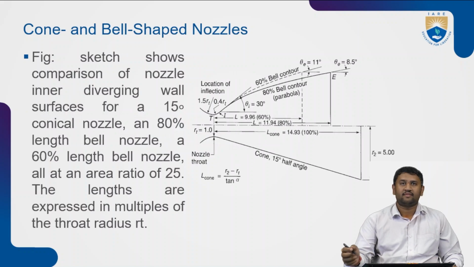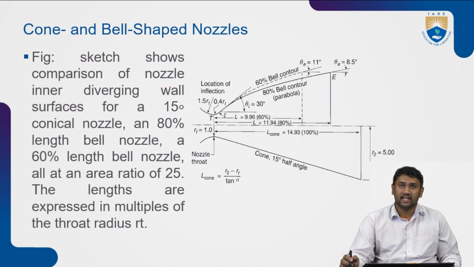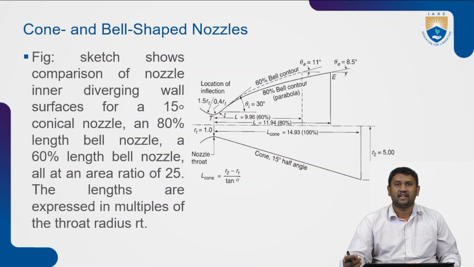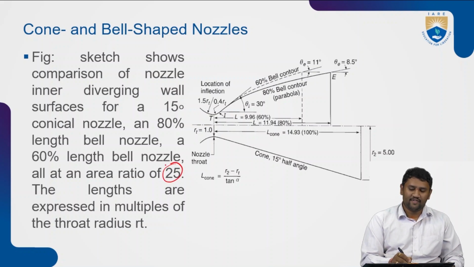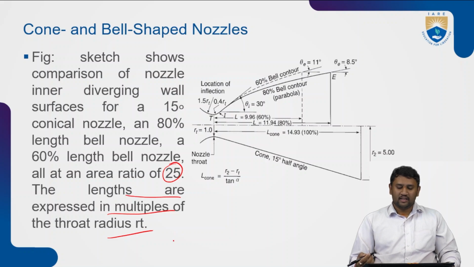Now let us understand a sketch that shows a comparison of nozzle inner diverging wall surfaces from a 15-degree conical nozzle, an 80% length bell nozzle and a 60% length bell nozzle, all with an area ratio of 25, and these lengths are expressed as multiples of RT, that is the throat radius.